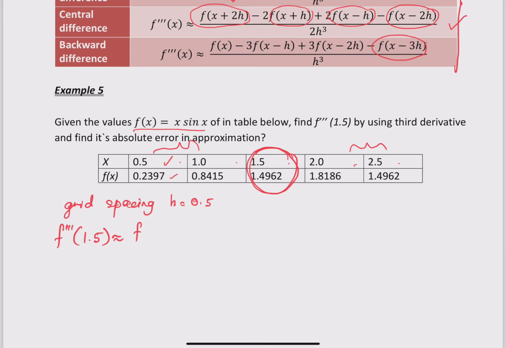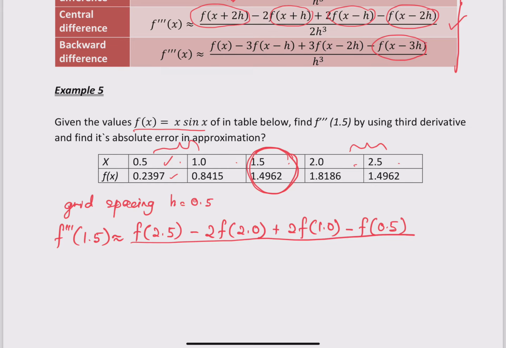and what you will get is f(2.5), and then minus 2 multiplied by f(2.0), plus 2 f(1.0), and then minus f(0.5), divided by 2h cubed, which is 2 multiplied by 0.5 cubed.